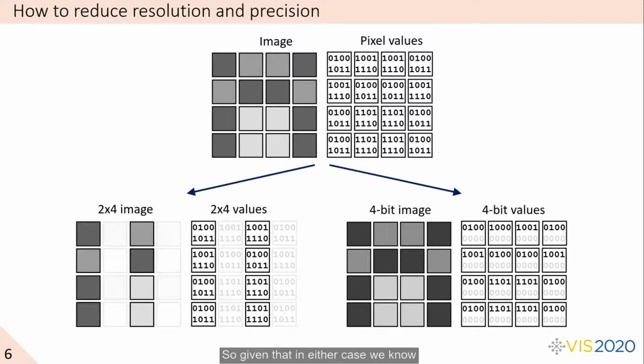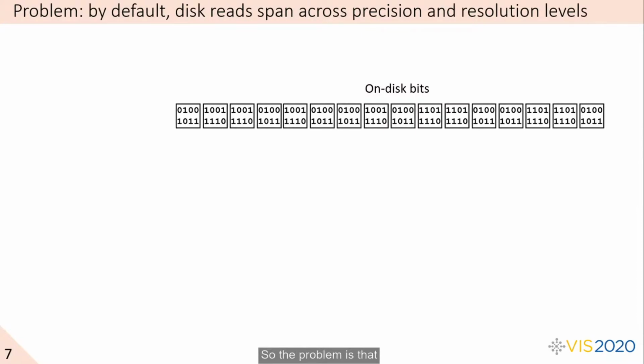So given that in either case we know exactly which bits to retrieve, can we easily query the data at any resolution and precision levels? The problem is, in practice, disk reads happen not in units of individual bits, but rather in units of multiple bytes at a time for performance reasons. So this is how bits are typically laid out on disk for the previous image in row major order of the pixels.